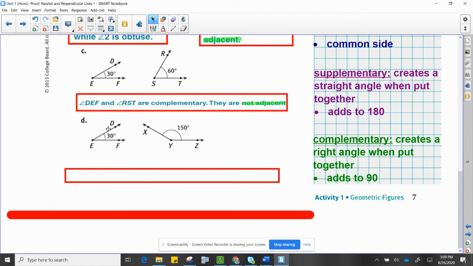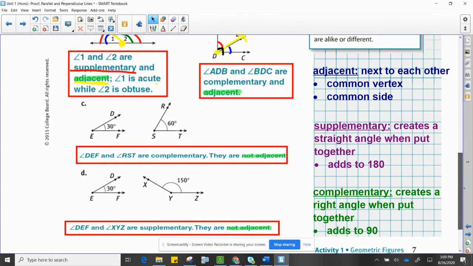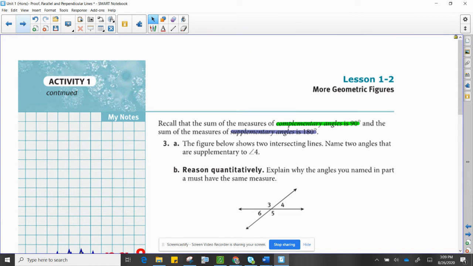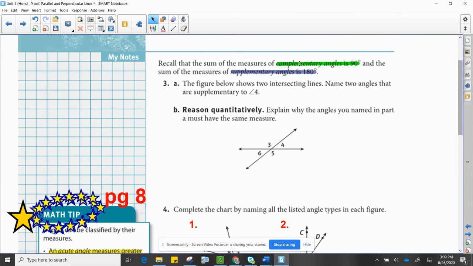I have a 30 degree angle with a 150 degree angle. We would say that those are supplementary. If I add those two measurements, I should get 180 degrees. Okay. So again, lots of vocab here, but just kind of naming our angles a little better. Okay. So there's those definitions again, complementary and supplementary.